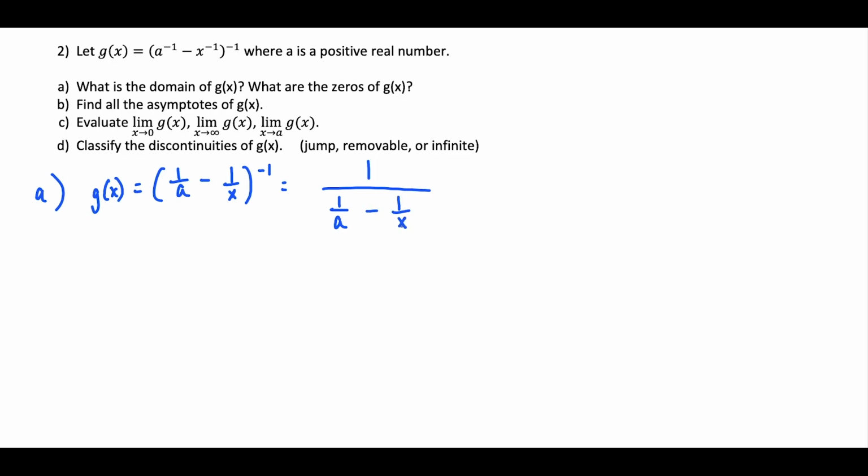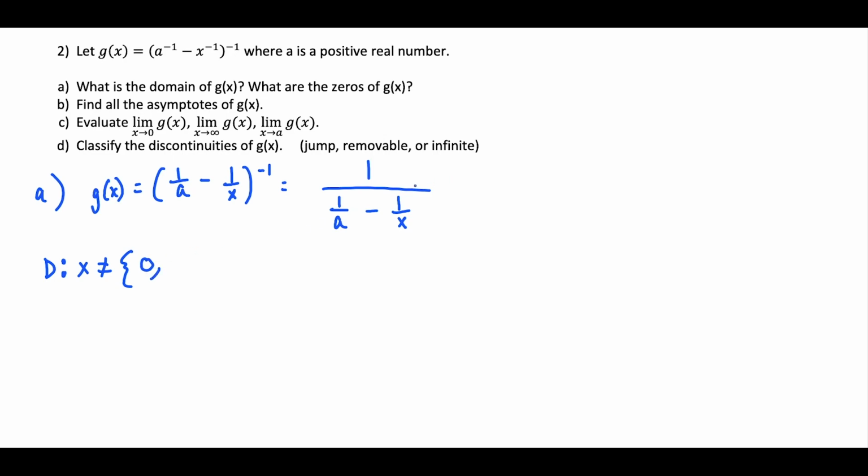So when we're identifying the domain of g of x, a few things to pay attention to are values of x that are going to make this entire expression in this fraction undefined. So one that jumps out right away is if x is equal to 0, we're going to have 1 over 0 in this piece here, which is a problem. So 0 is not allowed here.